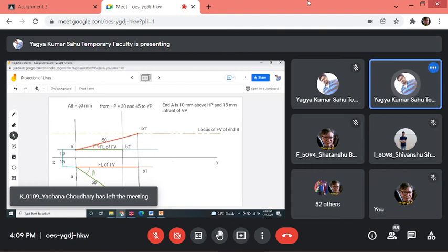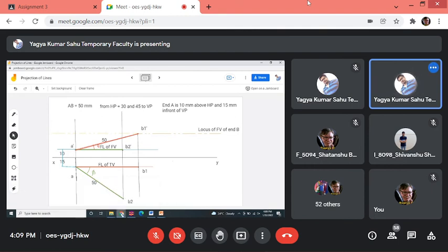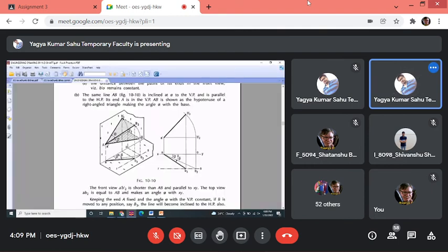Now we want locus of top view of AB also. So you can see here the distance of B, capital B and capital B3 from vertical plane while making it to the final position, means taking inclination with horizontal plane also. Is it changing the distance of B and B3 from a vertical plane?